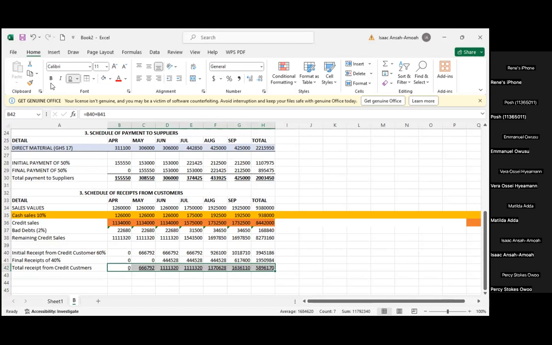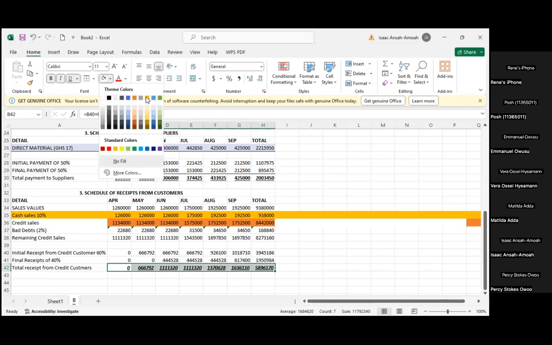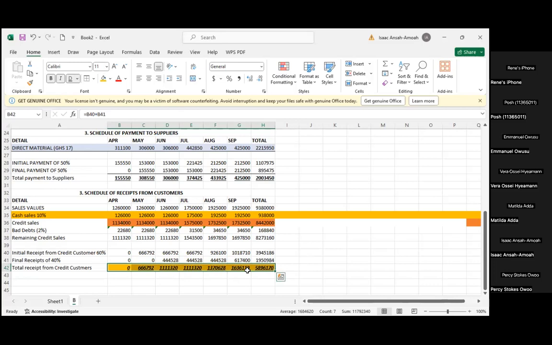Let me highlight it, bolden it a bit, and then maybe italicize it. Then I would also highlight it in this color, right? If we go to the cash budget, these are the 2 figures that we are taking there. The cash budget, we are taking this figure, the cash sales, and then the credit sales, how they were received, right? So we are taking these 2 figures to the cash budget.